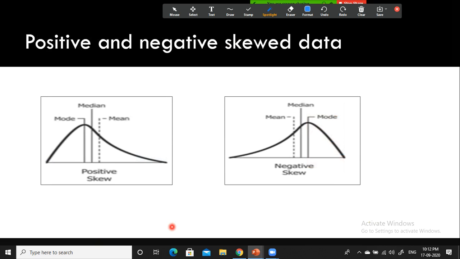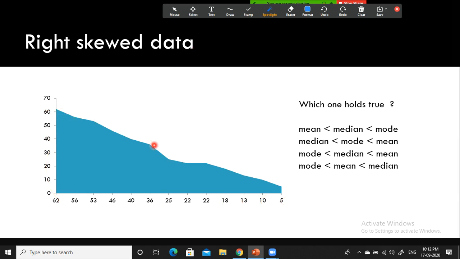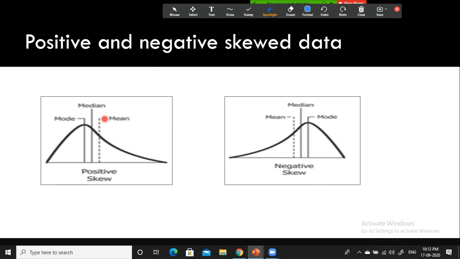When it comes to positive skew or negative skew, the mean value will always be dragged outward. Let's take this example. This is positive skew because you can see a longer tail on the right side. It is also called positive skew or right skew, right skewed data.